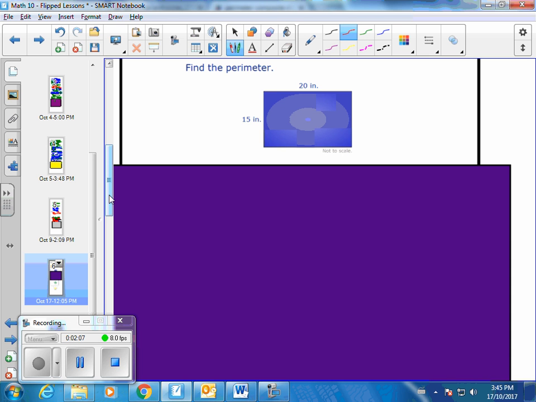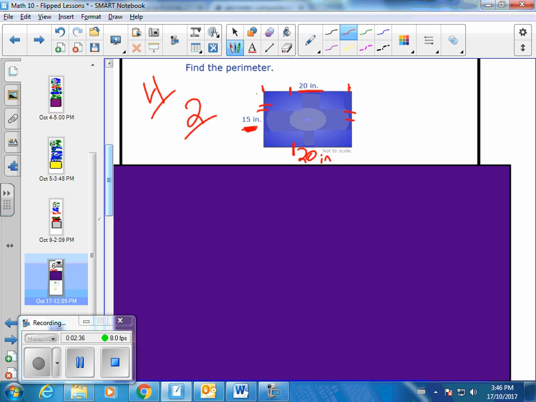But we've got a couple rules that we get to look at. So for instance, if we're looking at our blue rectangle here, they tell us it's 15 inches and 20 inches. But Mr. Waldo, there's 4 sides to a rectangle. How come they're only giving us 2 numbers? Well, because with a rectangle, there's a couple rules. We know that the opposite sides of any rectangle are going to be equal. So I know that if this side over here is 20 inches, this one is also 20 inches.